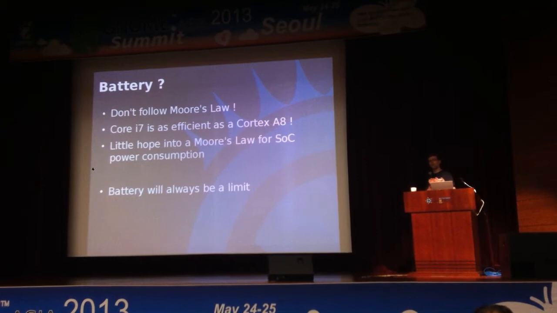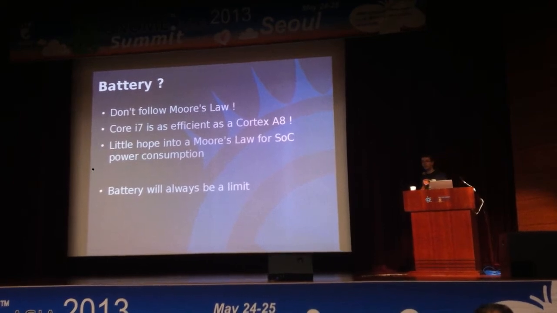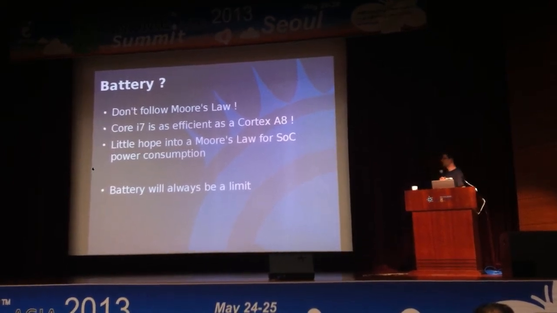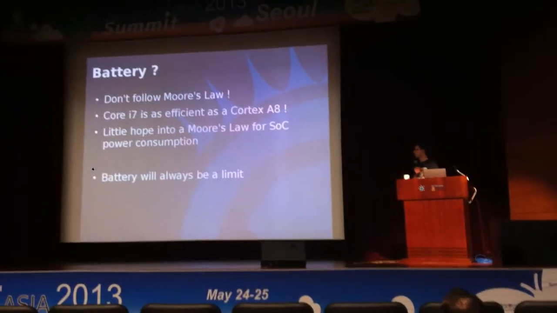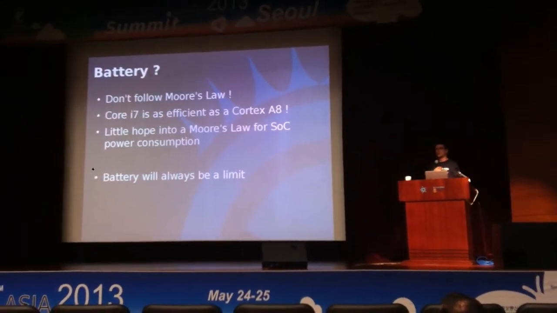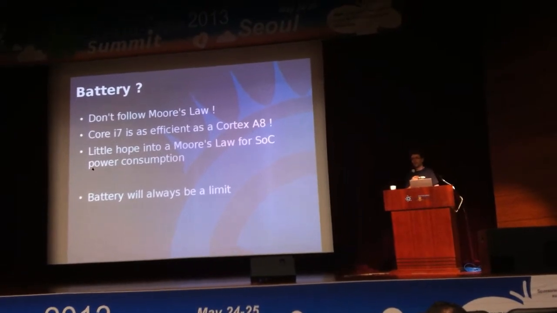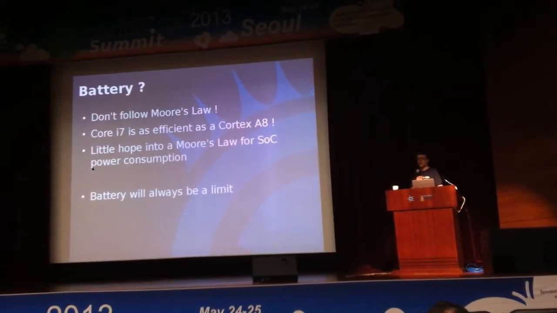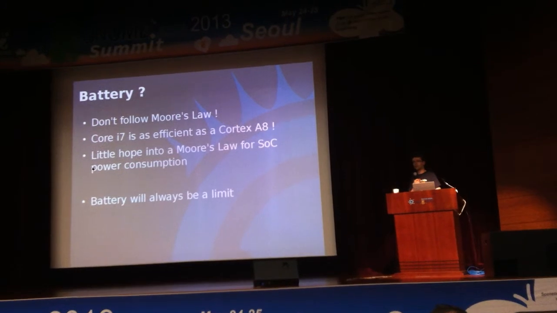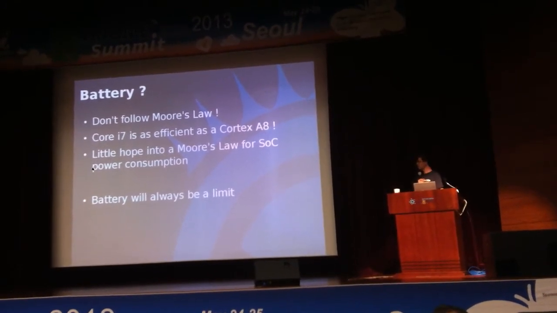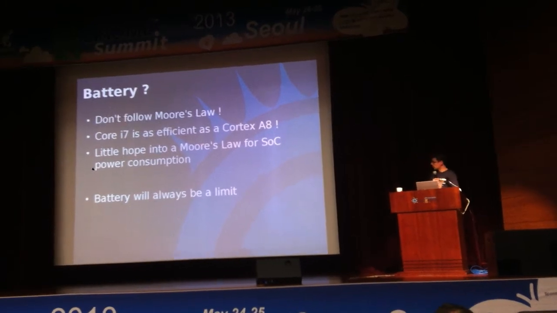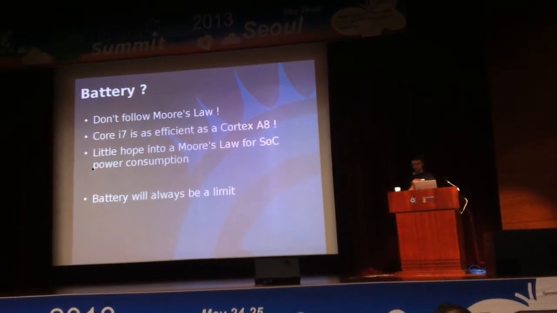It's only because the Cortex A8 is not able to do as much as a Core i7. That is the only reason why it uses less battery: it does less. There is not much hope of having some breakthrough and getting like 2 times more power efficiency. The only way to get more efficiency is to shrink the process more and more. That's the only way to get it. So battery will always be a limit, whatever you do.